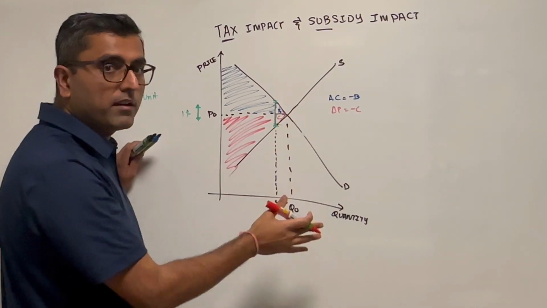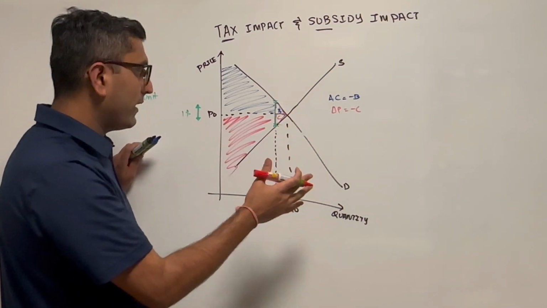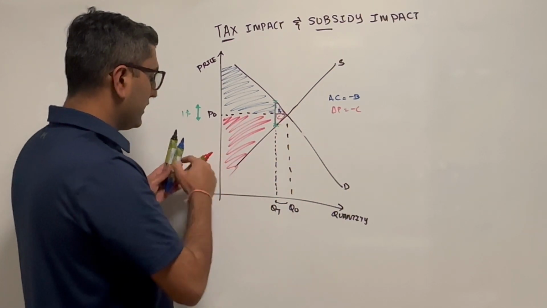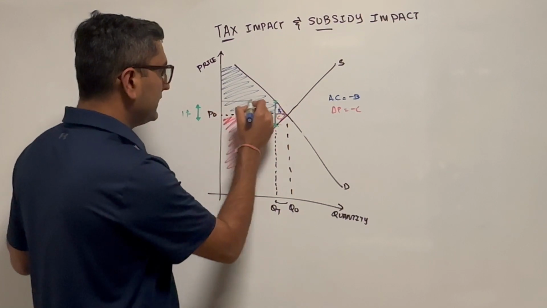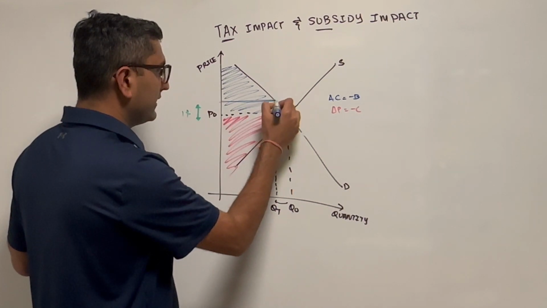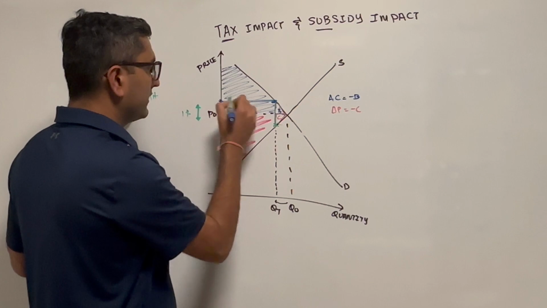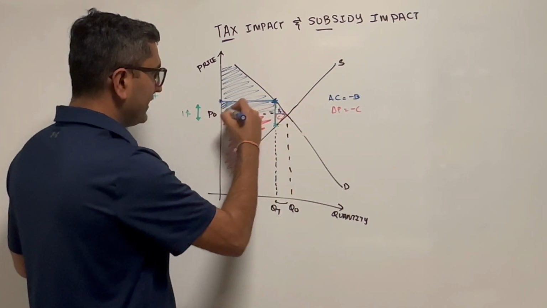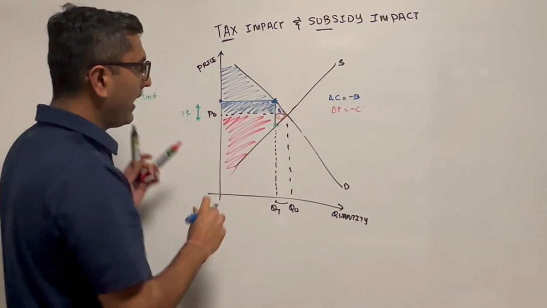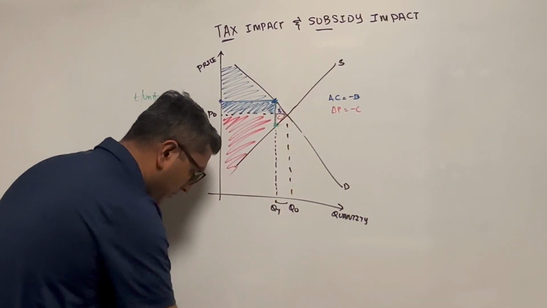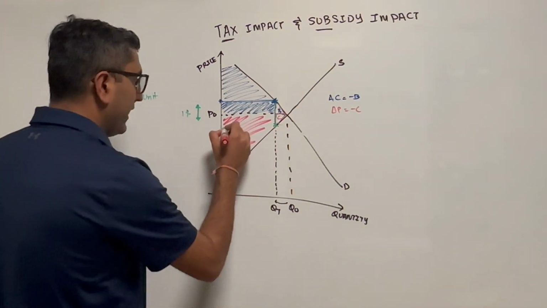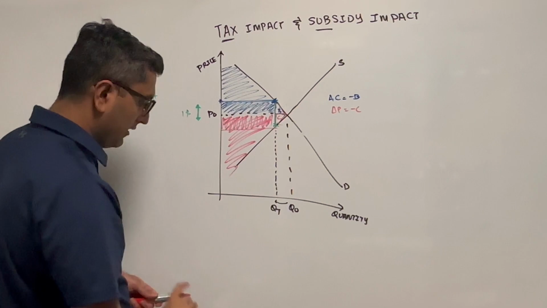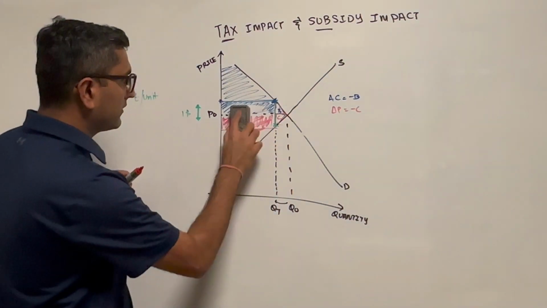Either producer or consumer would have enjoyed it, but at the same time, when this price went up, the consumer also lost this area, because now this is the clearing price, and that intersects the demand curve here. So this whole area is also going to be lost by the producer and the consumer, and likewise this whole area will be lost by the producer.